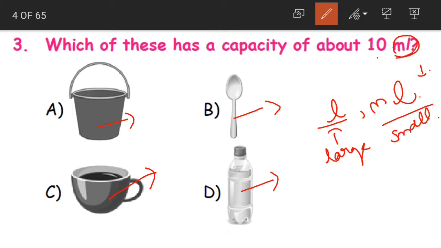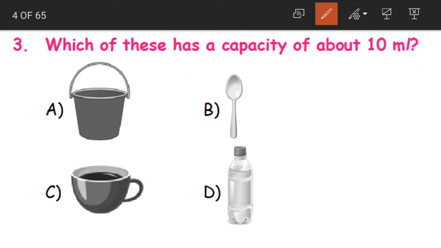So that means here 10 ml means we are looking at very small quantities. Now from the given options, which has the lowest capacity, do you think, children? Option B, spoon. Yes, now this spoon has the lowest capacity, that is of about 10 ml.